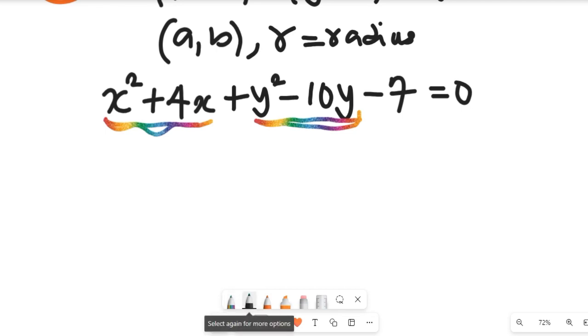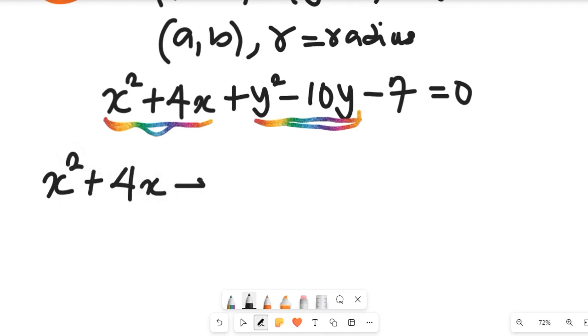Now, from the first expression, if we want to complete the square of x squared plus 4x, how do we do that? You take half the value of the coefficient of x, you square it, and you add it to both sides.